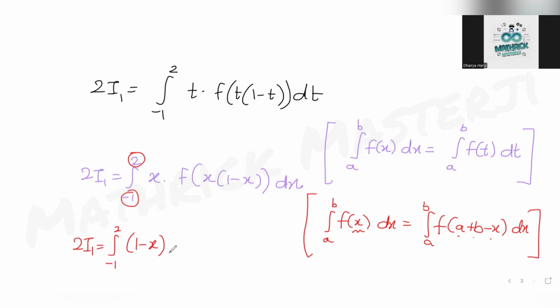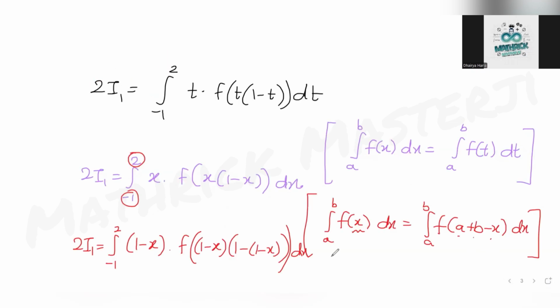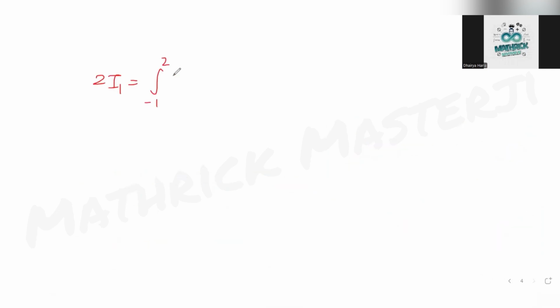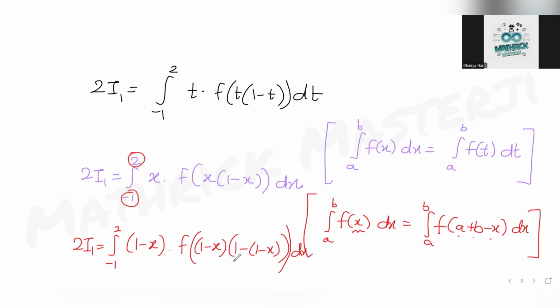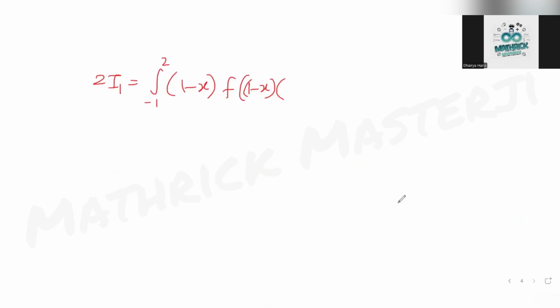So 2I1, with limits from minus 1 to 2, becomes 1 minus x into f of 1 minus x into 1 minus 1 plus x. So 1 minus 1 is 0, 0 plus x is x, dx.